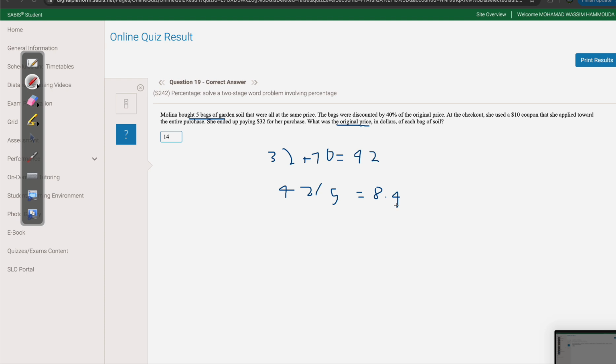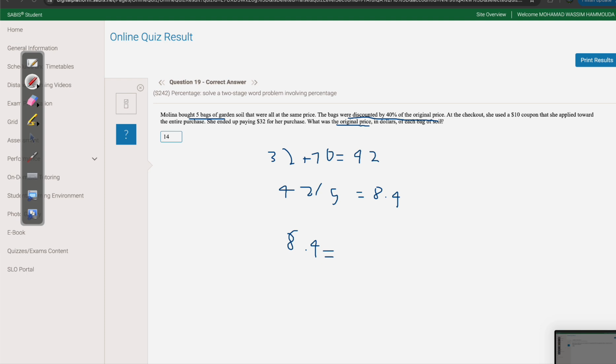But now we need to find the original price, right? So what we're going to do is 8.4 is equal to 60% of the original price, because they said there was a 40% discount. Wait, my bad, so it was 60% of the original price, right?